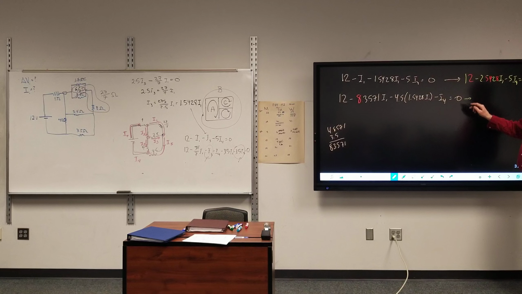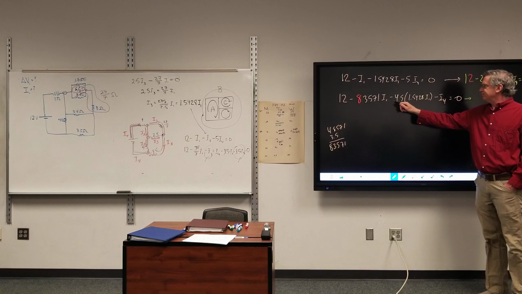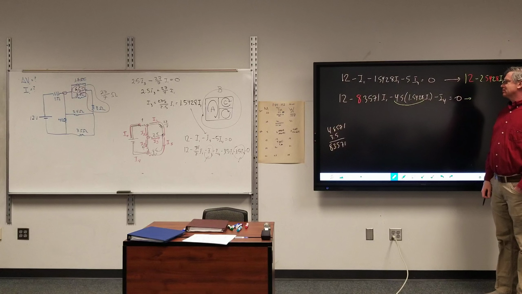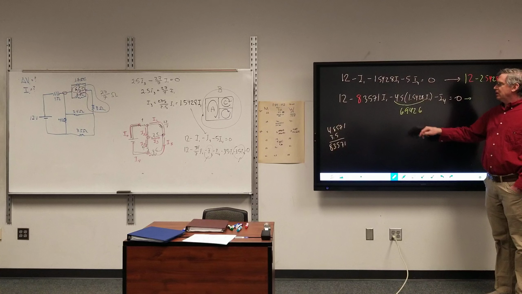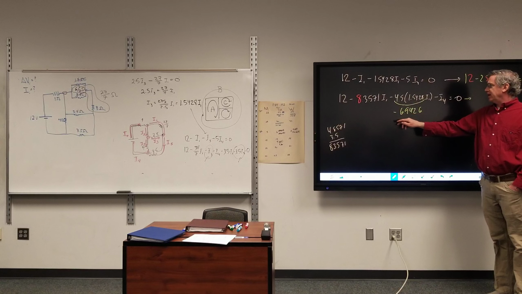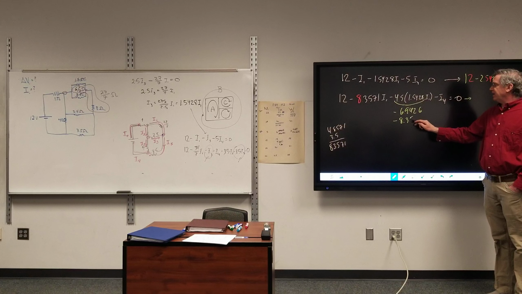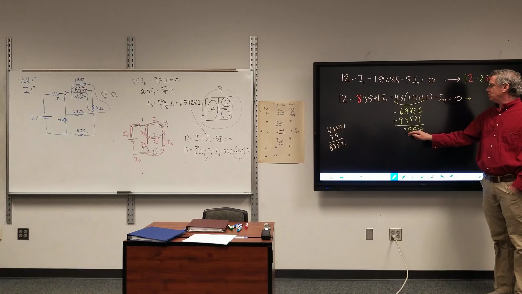And for this equation, what is that? 7.75-ish, a little bit more. 6.9426, and we're going to combine, that's negative, and I got a negative 8.3571, and doing the fancy math, we got 79925.